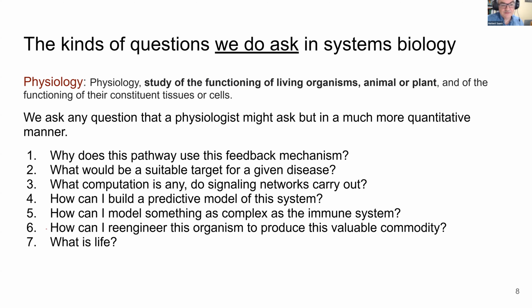They're obviously doing some kind of signal processing. What is that? Can we build a predictive model of a system? If you're working for a company trying to find a target, you'd like to build a predictive model so you can predict the effect of manipulating different targets.